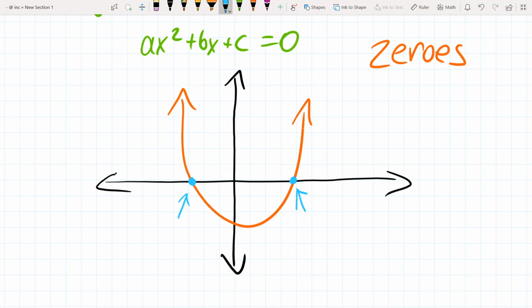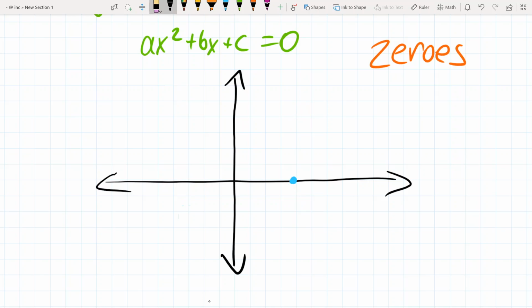Now, it does not always turn out that you have two solutions to a quadratic equation. That is the most common thing that will happen, but it's not always what will happen. Let's look at a couple more examples. I'm going to again just draw you a little sketch, and I want you to point out to yourself where you think the zeros are. I'm not even going to bother putting numbers on it. So let's say this time the parabola is upside down.